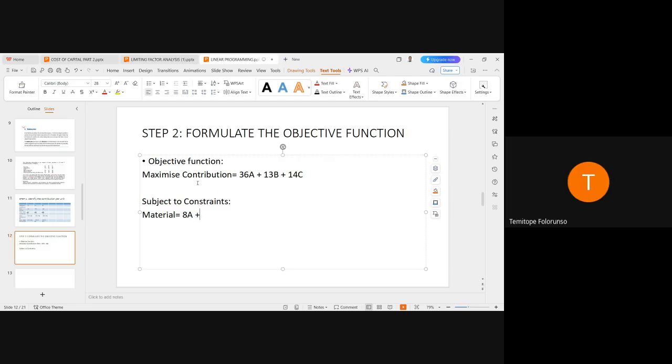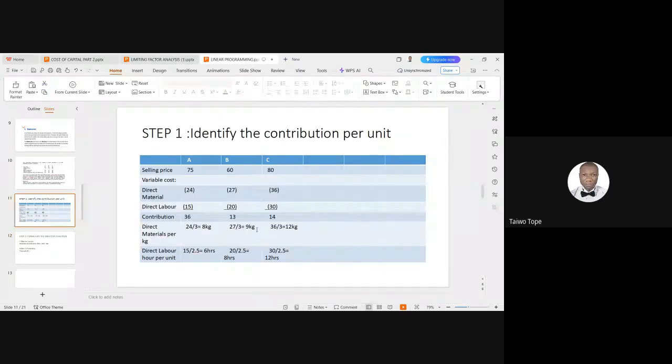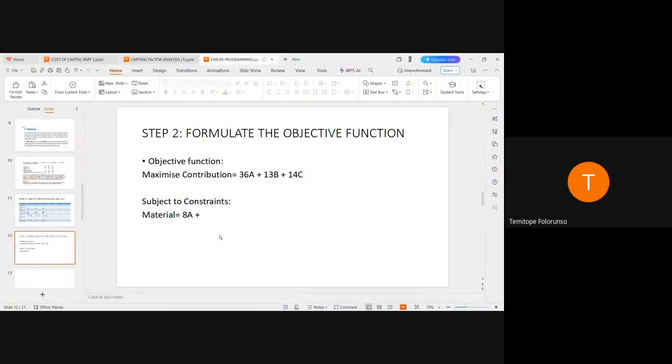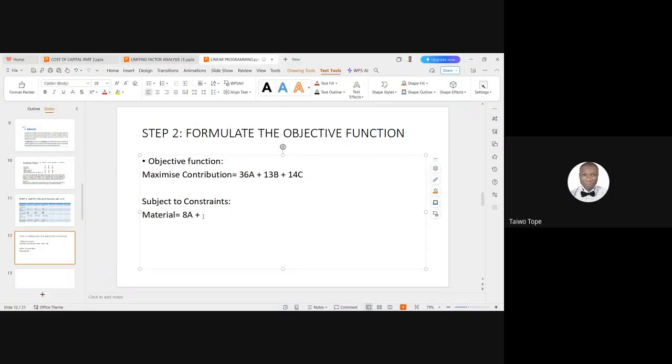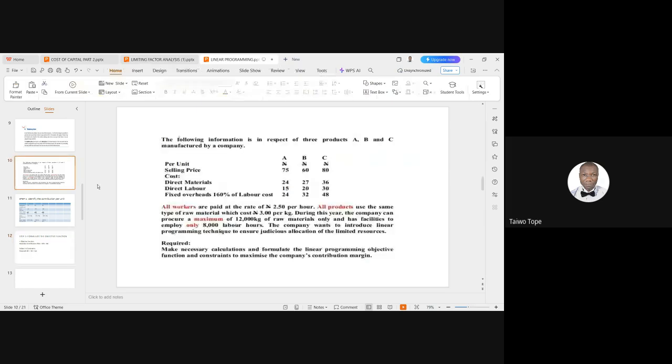Plus 9B, plus what? 12C. Now, all these, what is the maximum of material you can have based on this question? 12,000 kg.